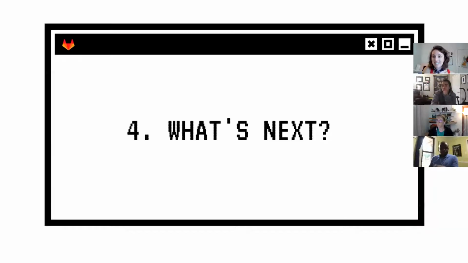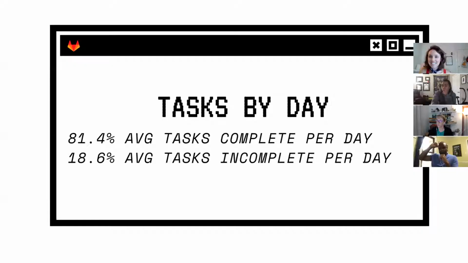Hey, Eugenia, could I ask you a question? Yes, please. I just wanted to make sure I understand those particular numbers. If I'm doing my onboarding issue on any given day and there are 10 tasks, then I'm doing 8 out of the 10, and 2 are being left incomplete per day? Yes.